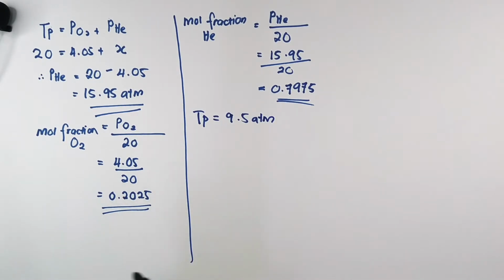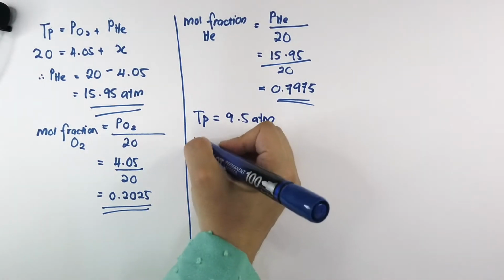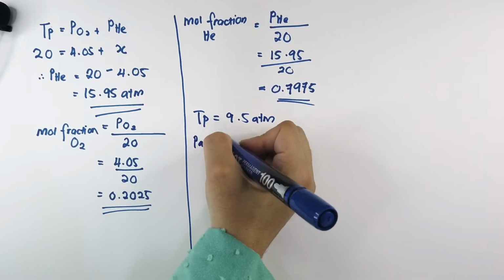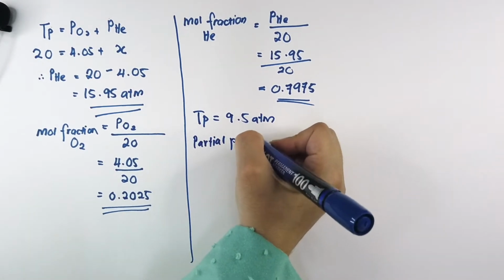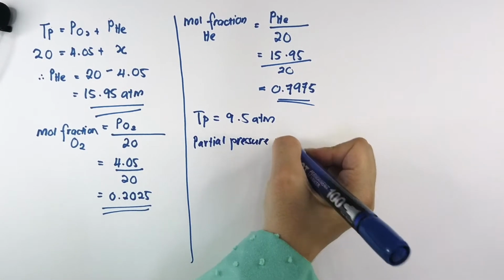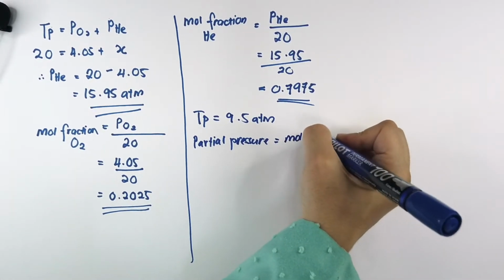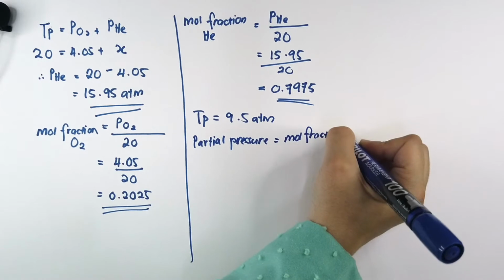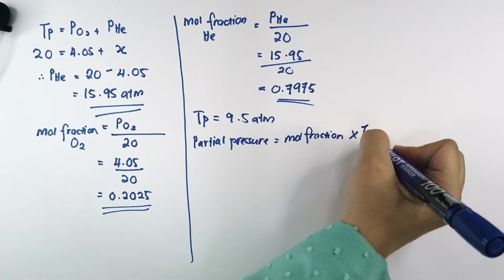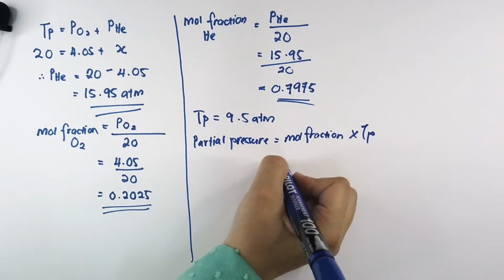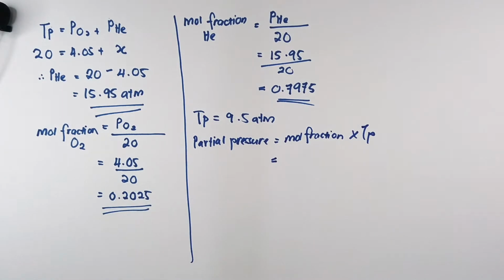This means that the partial pressure should be equivalent to the mole fraction times the total pressure. You already know the mole fraction of each gas.